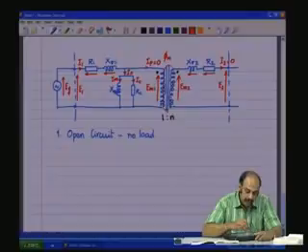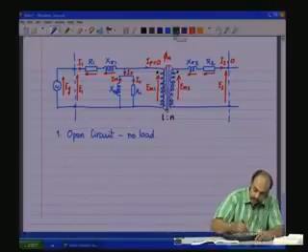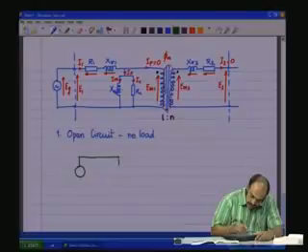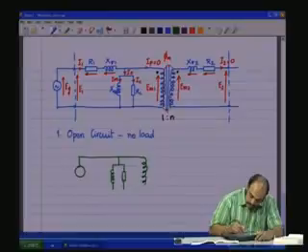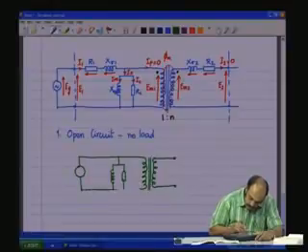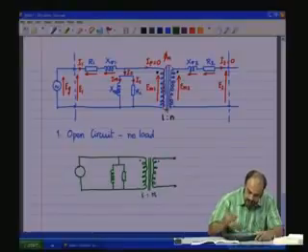These can be neglected, that is R1 and X sigma 1 can be neglected, which means the equivalent circuit under no load condition could be simplified as this: just the magnetizing and loss component followed by the ideal transformer with the secondary just open circuited, dot polarities, 1:n.